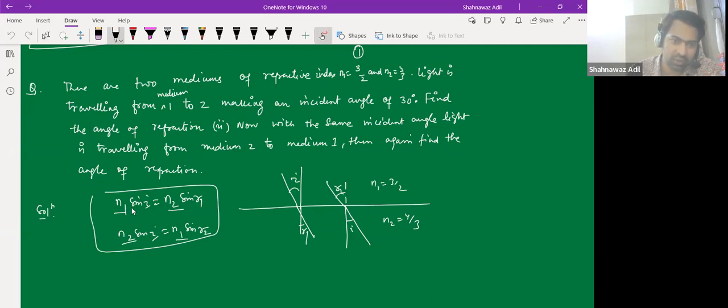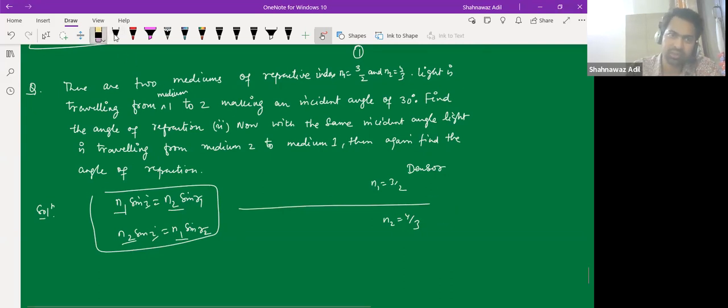Whenever we are going from one medium to the other, let's say from N1 medium to N2 medium, and this refractive index is 1.5 and this is 1.3. So we are going from denser to rarer. This is denser and this is rarer.